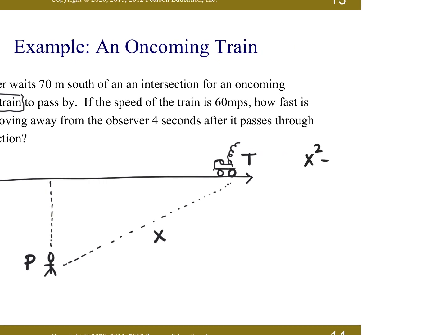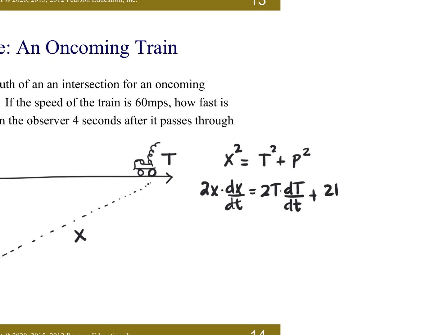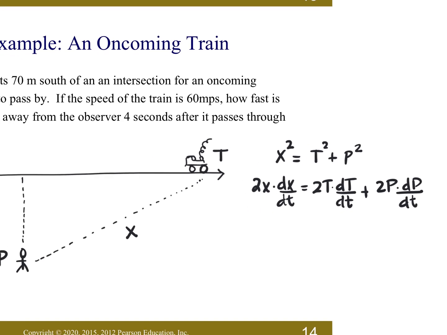Okay, Pythagorean theorem tells us that x squared equals t squared plus p squared. Okay, derivative tells me that 2x dx/dt is equal to 2t dT/dt plus 2p dp/dt. Okay.